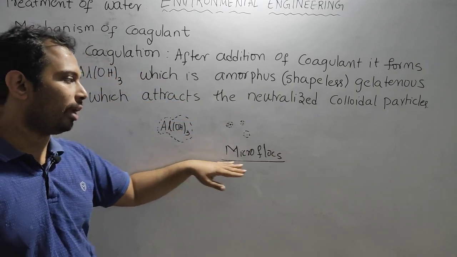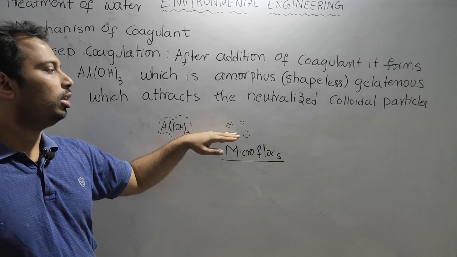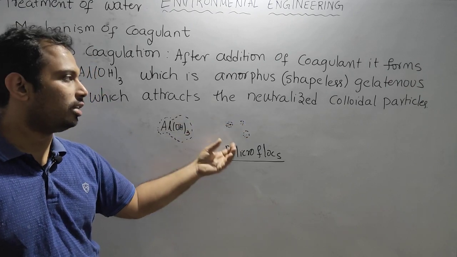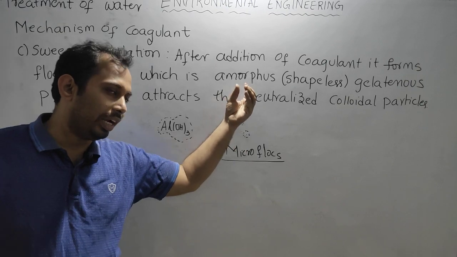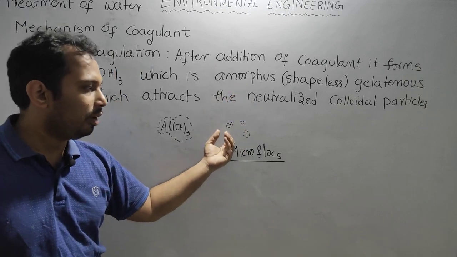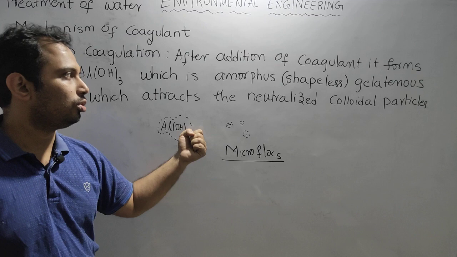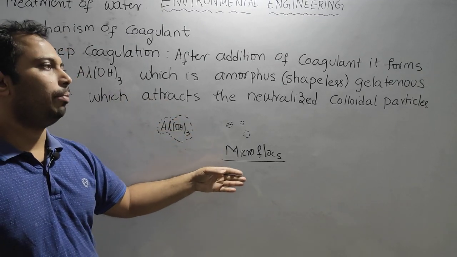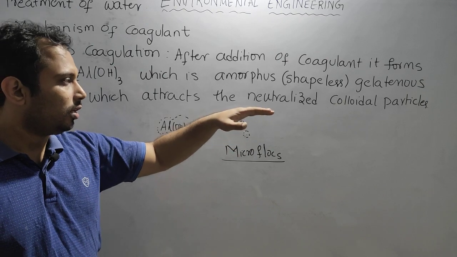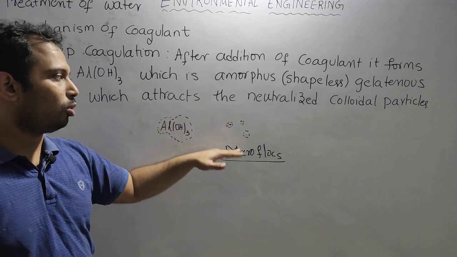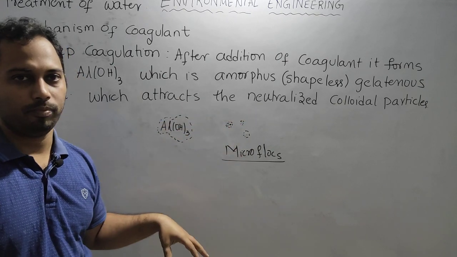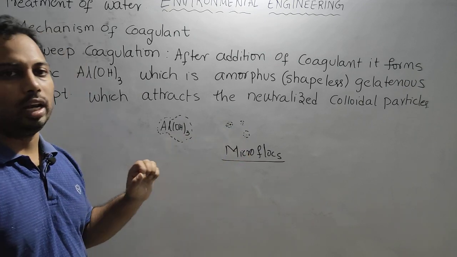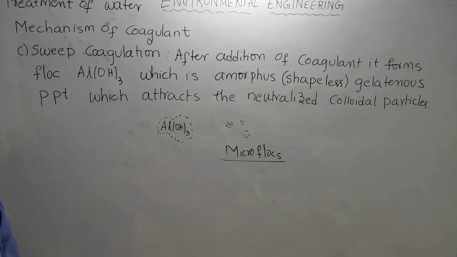These are all microflocks, and still they have a kind of Brownian motion. Their size will not allow them to settle like discrete settling. So this is called sweep: whatever particle, during its Brownian motion, comes and sticks to the flock. That is why we call this sweep coagulation.